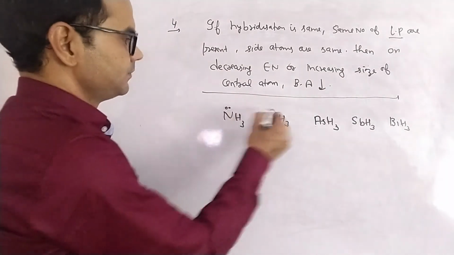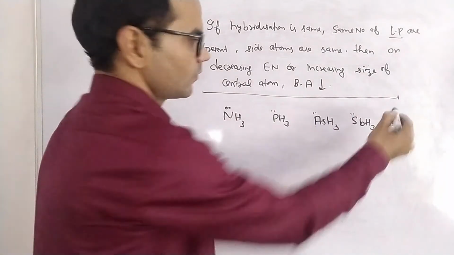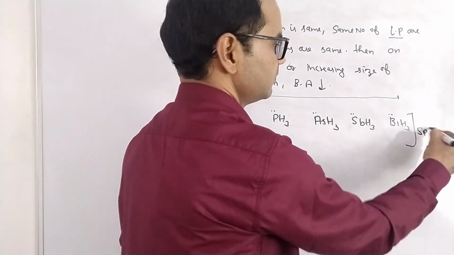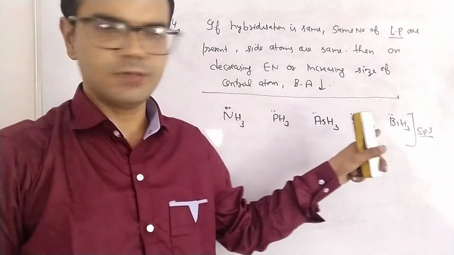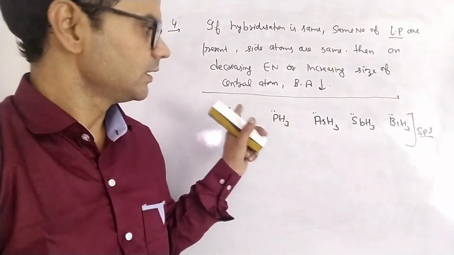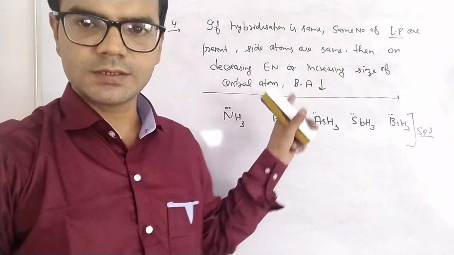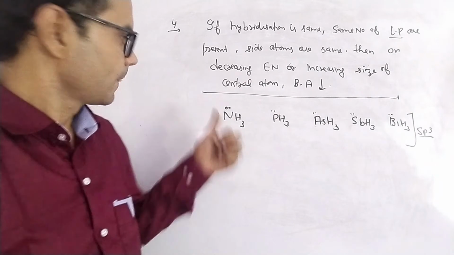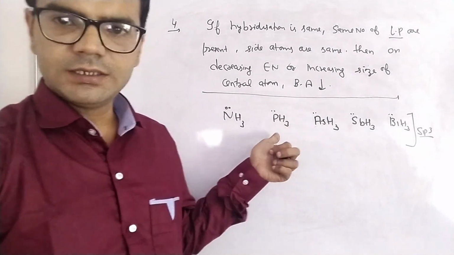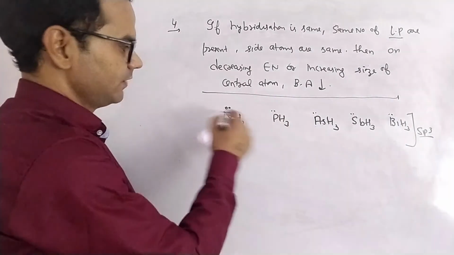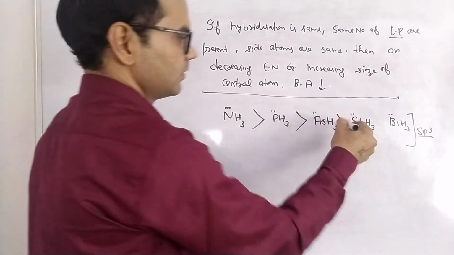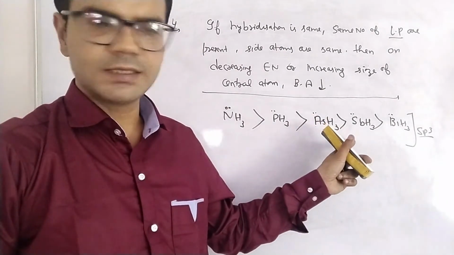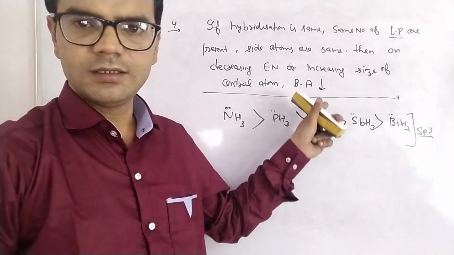All contain one lone pair and all are sp3 hybridized. Hybridization is the same and the same number of lone pairs are present. Third condition, side atoms are also the same. Then decreasing electronegativity, as we know, down the group electronegativity decreases. So the electronegativity of nitrogen is higher. Second, we can see down the group size increases, so bond angle decreases.